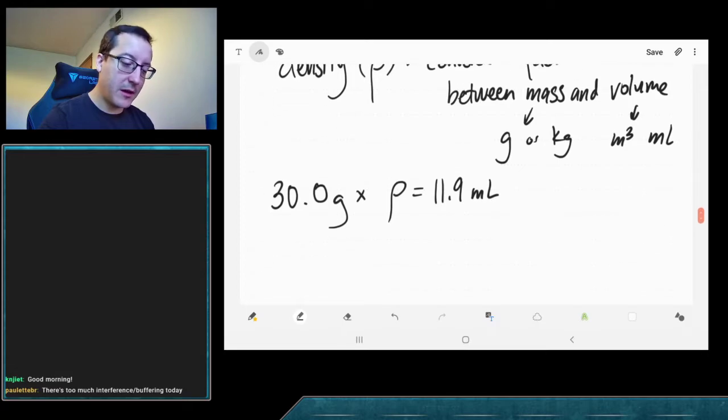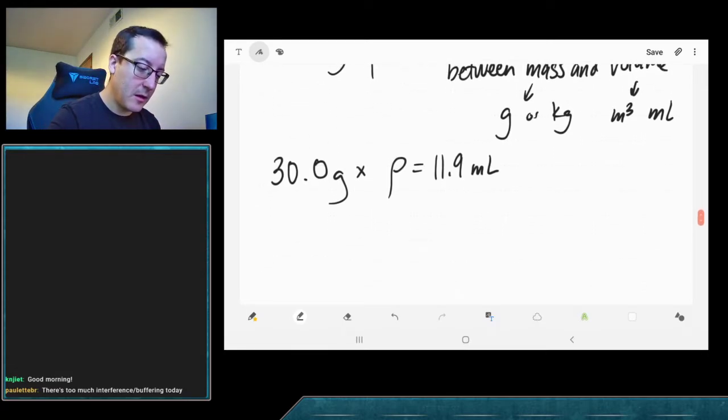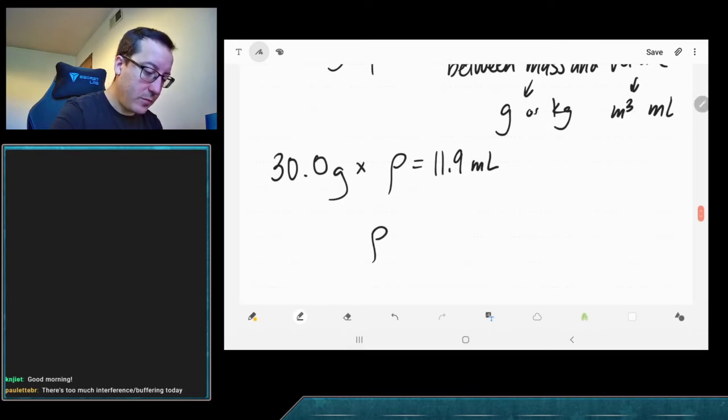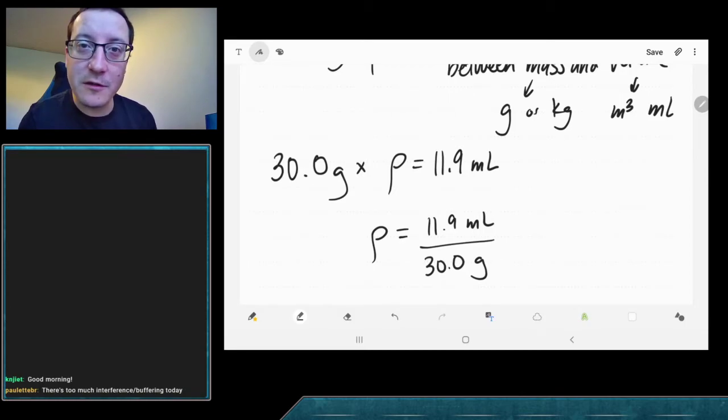So what we could do is just algebraically solve for this. We could see that the density is going to be 11.9 milliliters per 30 grams. And look, we've already got our conversion factor.